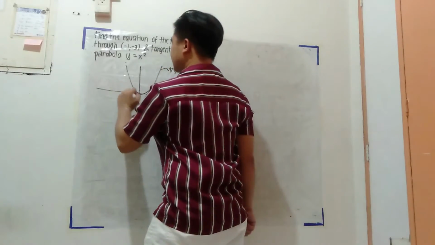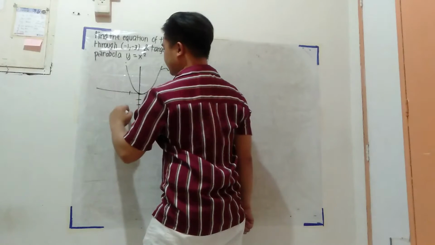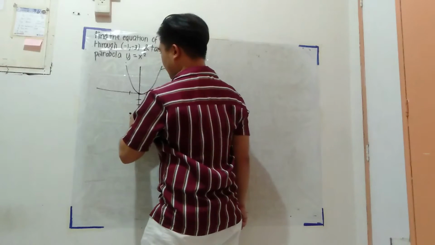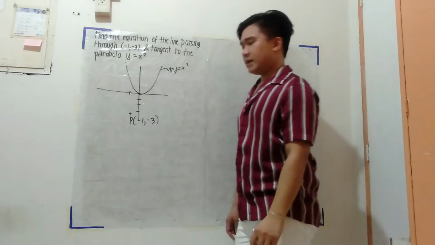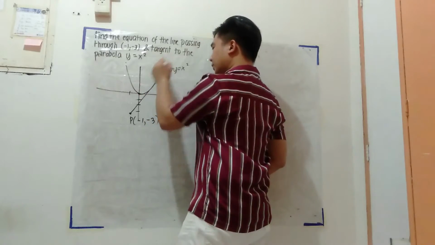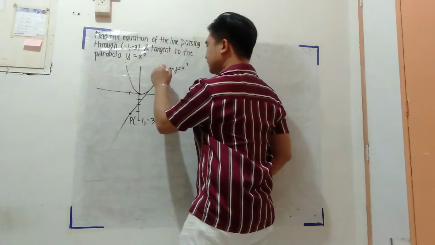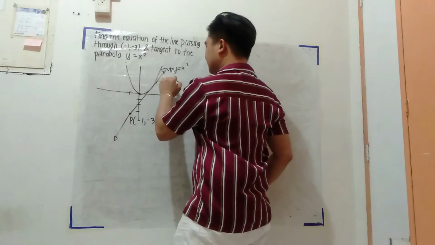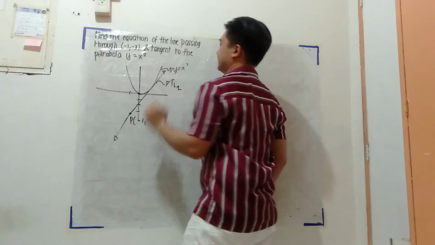And then, this is -1, -1, -2, -3. This point is (-1, -3). Meron daw linya na dumaan dito, tapos tangent dun sa ating parabola. So, this is a tangent line 1.